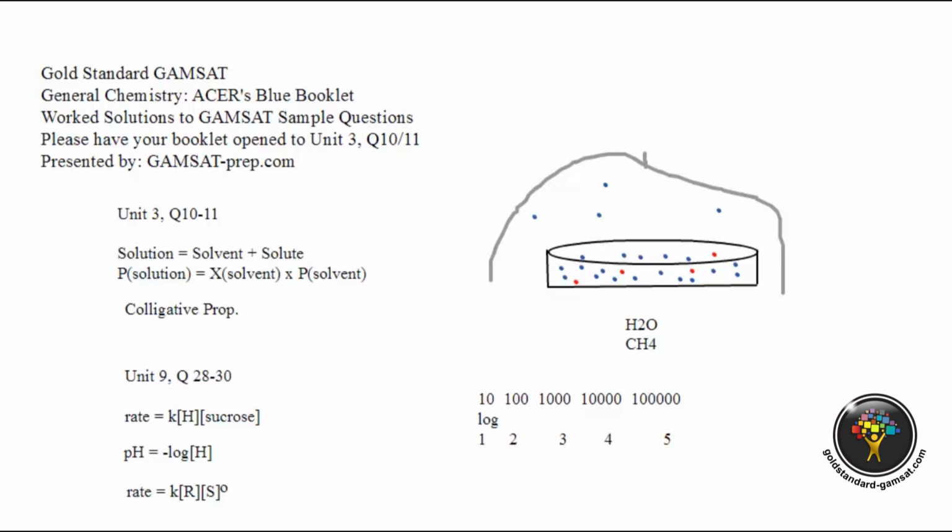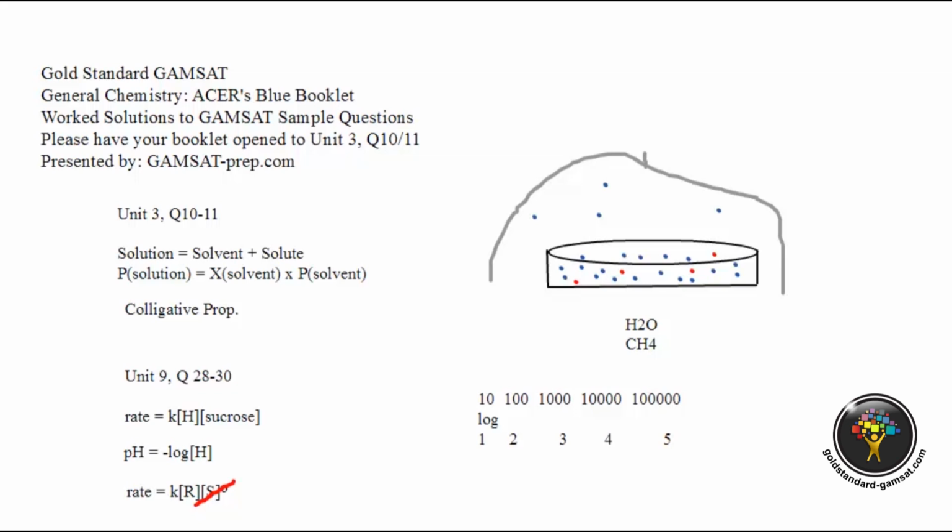Now, anything to the power of 0 becomes 1, so it means that this is completely knocked out of the reaction. By the way, because it's to the exponent of 0, we say that the reaction is 0th order with respect to S. Not first order, not second order, but 0th order with respect to S.